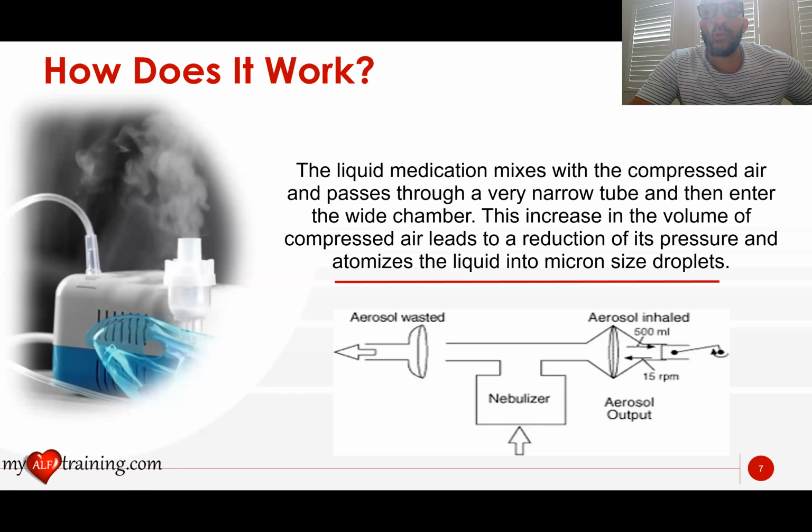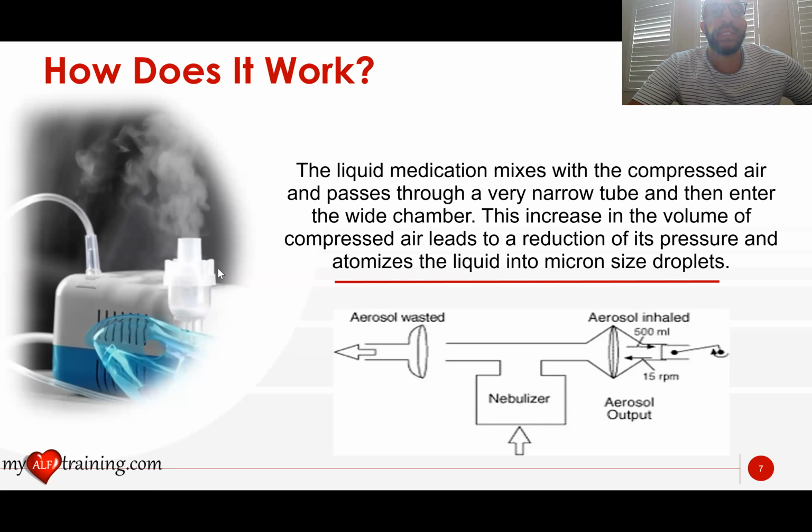Now, let's get into the mechanics of the nebulizer. We've already talked about this liquid medication and how it mixes with the compressed air. We talked about the aerosol additive that's similar to what's in the aerosol can.